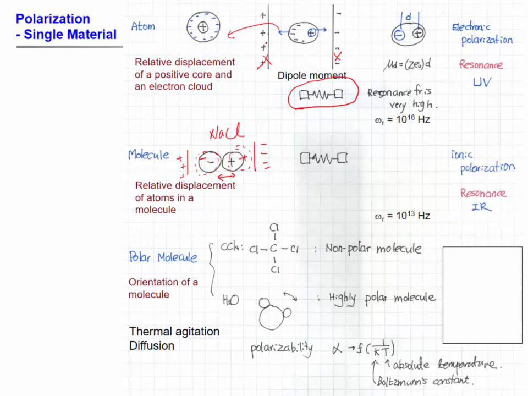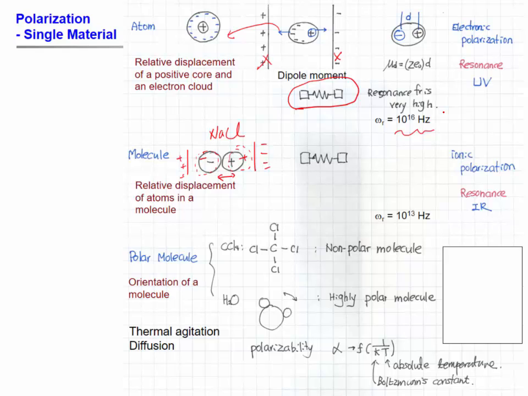So here, for the electronic polarization, you have to go higher. The frequency should be around 10 to the 16 hertz. Okay? So this is a really high frequency, so that you can make the resonance of the electron cloud. But in the molecule scale, now the mass is increased, so the resonant frequency will go down.